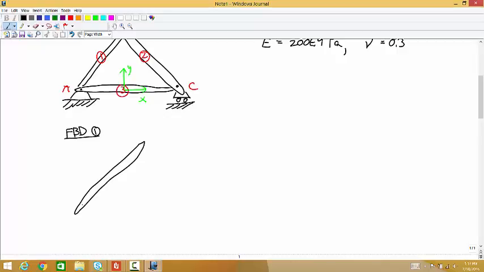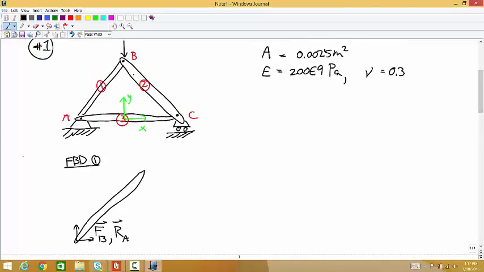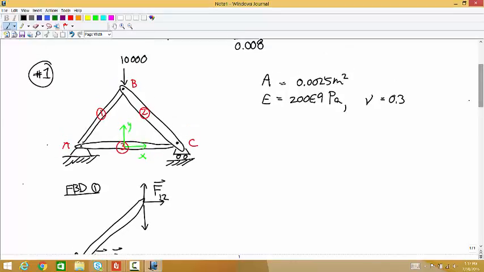And so down here at A, body 1 feels a force from 3, so I'll call that F13. And it also feels a force vector from the ground, I'll call that RA. Up at the top, it feels a force vector from 2. And then, since that 10,000 Newton force is applied to the pin, we'll put that on member 1.